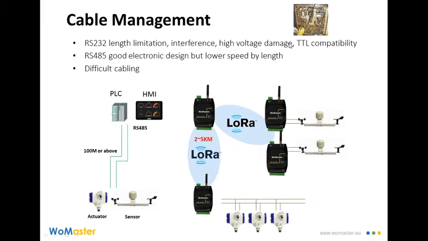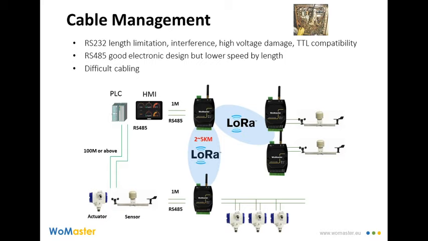In this topology, we can use the LoRa to replace the cable for easier wiring and extending the distance. Because RS485 has a length limitation and the speed gets lower with the length. LoRa installation can solve these issues in cable management.